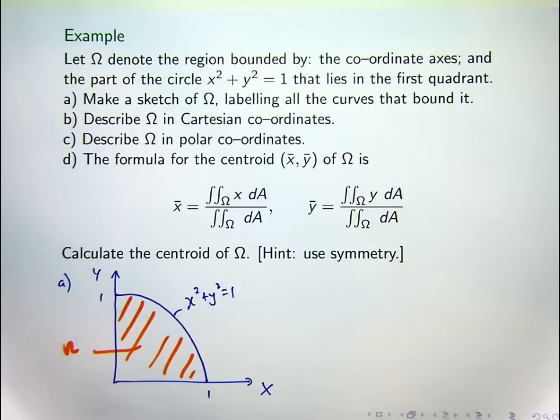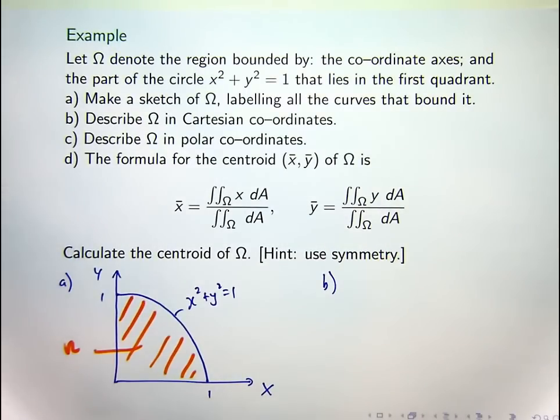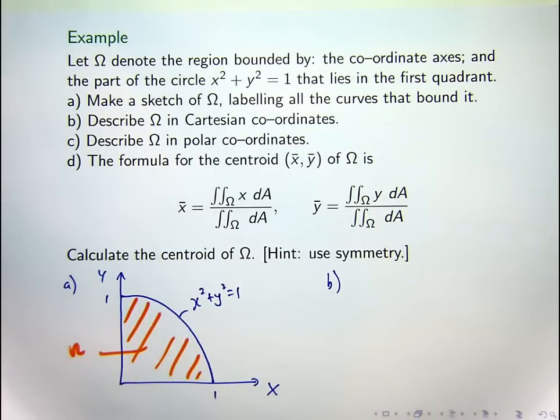Part B, describe the region in Cartesian coordinates. Okay. Well, this is not as easy as it looks. Now, for Cartesians, you can either draw a horizontal line going from left to right and see where that horizontal line enters the region and leaves the region.